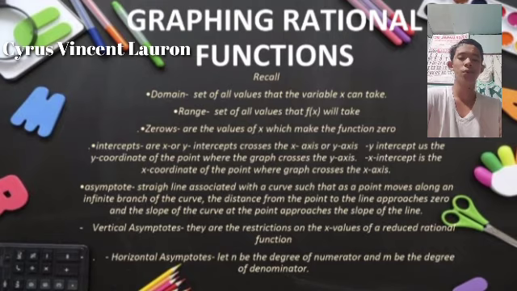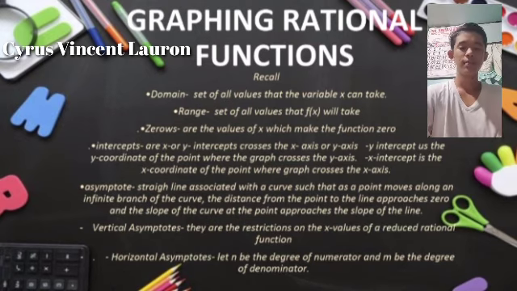Intercepts are x or y intercepts: where the graph crosses the x-axis or y-axis. The y-intercept is the y-coordinate of the point where the graph crosses the y-axis. The x-intercept is the x-coordinate of the point where the graph crosses the x-axis.